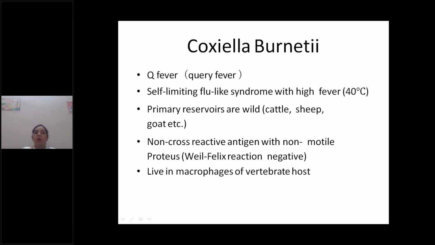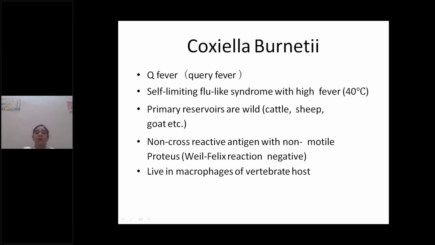Q fever is also called puerperal fever. It is a self-limiting flu-like syndrome with a high fever of 40 degrees centigrade, and the primary hosts are wild types, such as cattle, sheep, and goats.